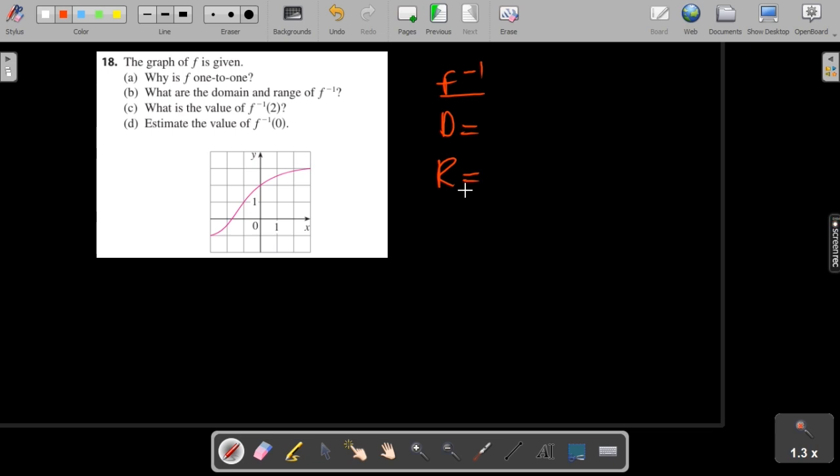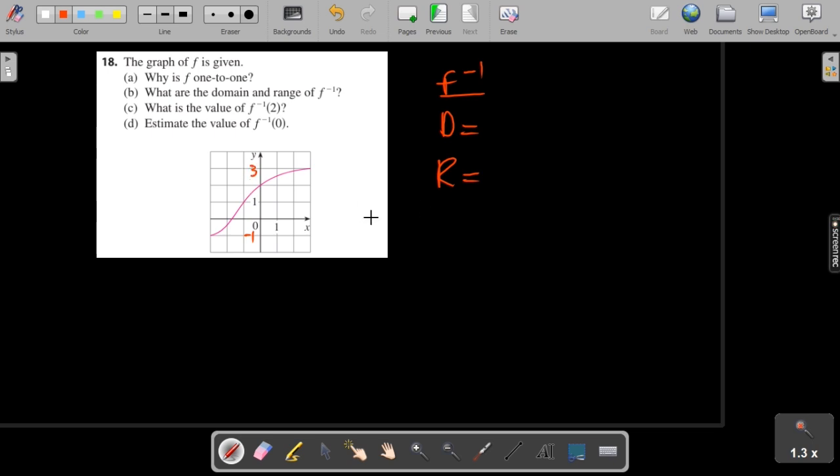So remember that when you invert a function, its original function's range now becomes the inverse's domain, and the original function's domain becomes the inverse's range, and vice versa. So to find the domain of the inverse, we're actually going to look at the range of the original function f. So its range is from -1 there all the way to 3.